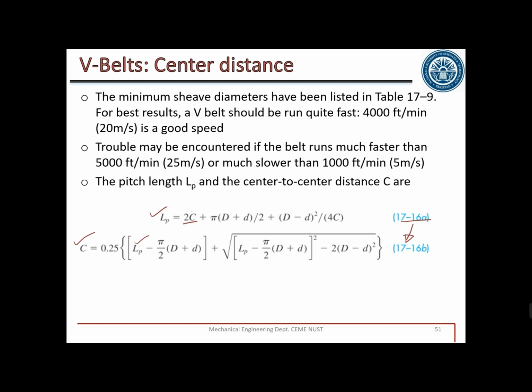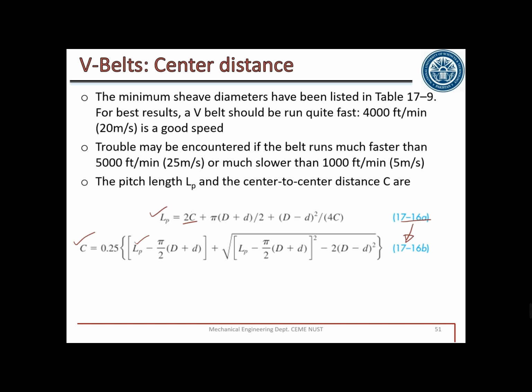Another point to note is that if the center distance is known, we can calculate Lp, but the issue is that Lp exists in standard sizes. For example, a B1275 type belt has an Lp of 1320.